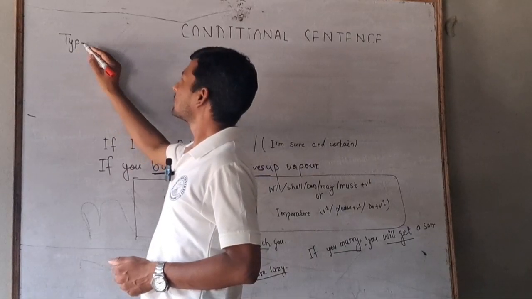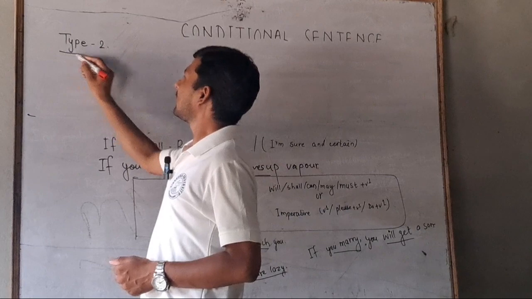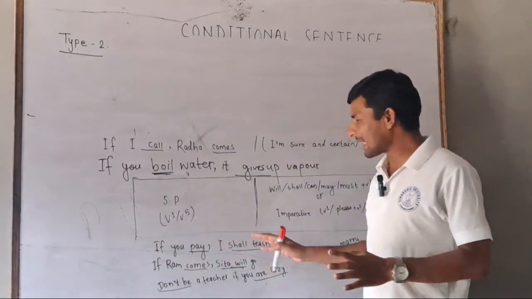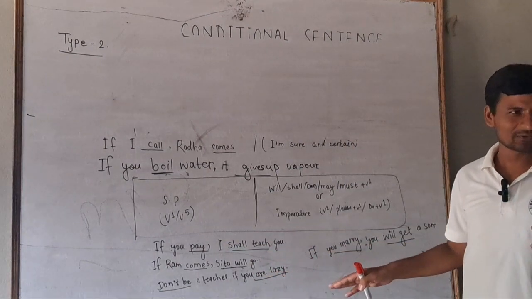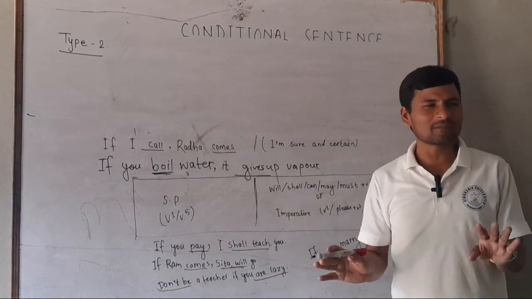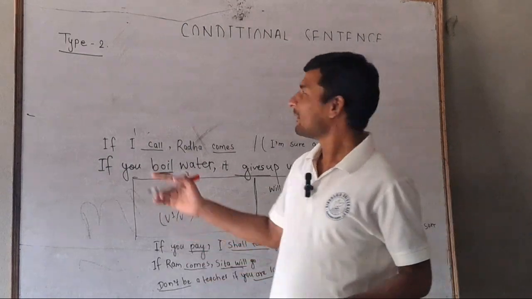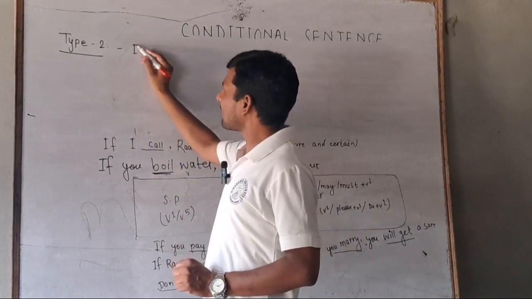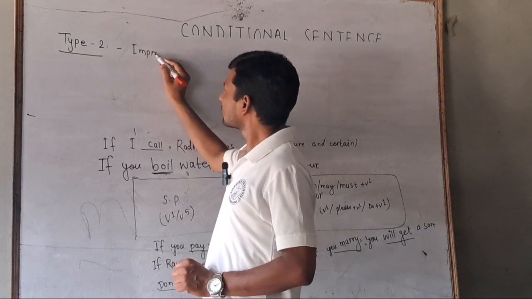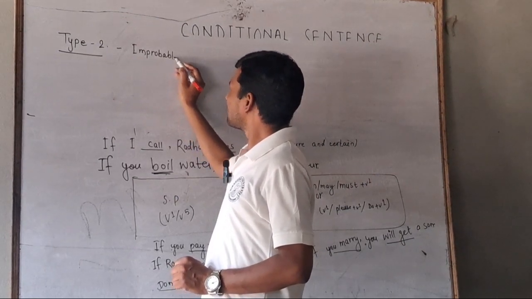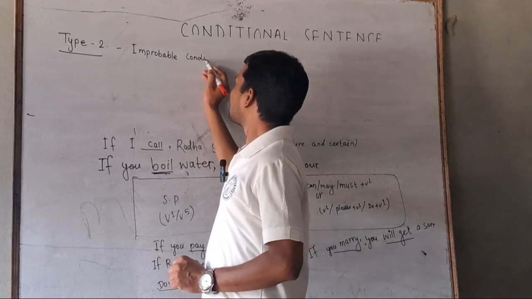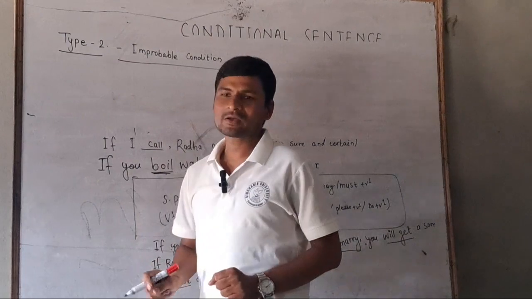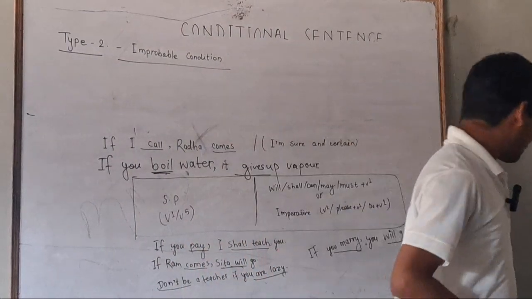Type 2. Type 1 has 2 parts, I have already told you. In type 2 you find improbable condition. It gives the sense of improbable condition. How do you find it?